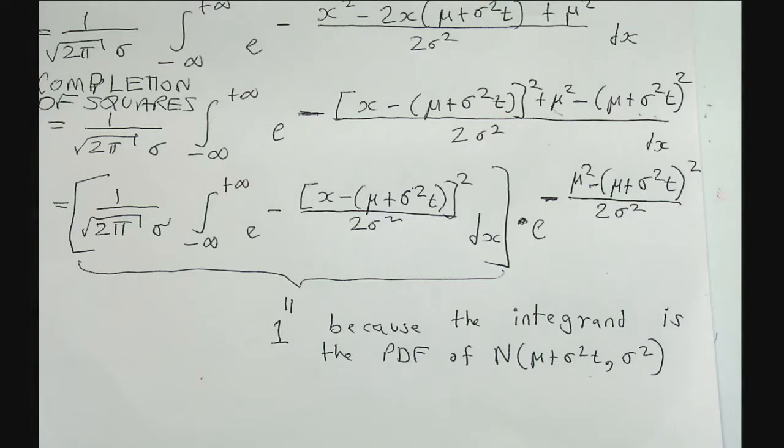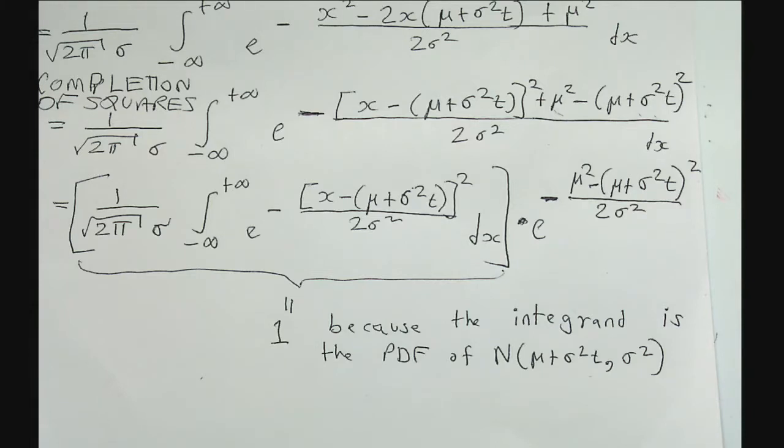And you know from your probability 1 that any PDF, by definition, must integrate to 1. And therefore, the thing inside the brackets must be equal to 1. Is that clear, guys?